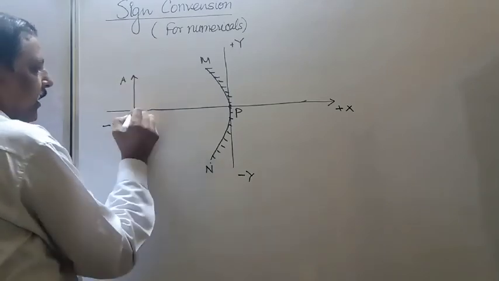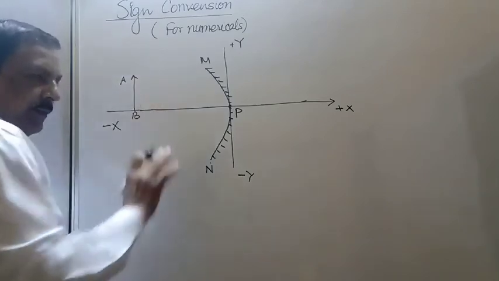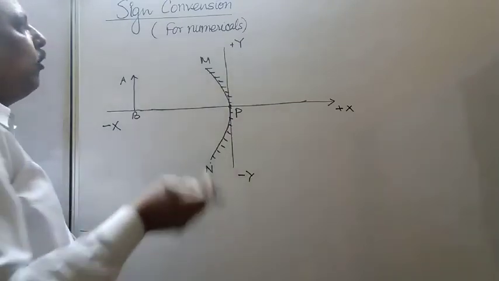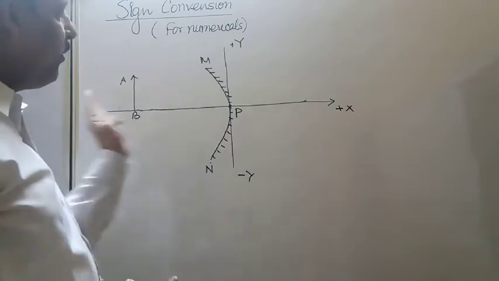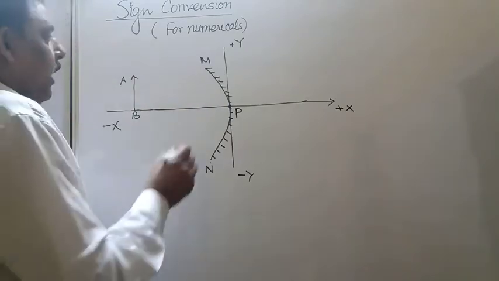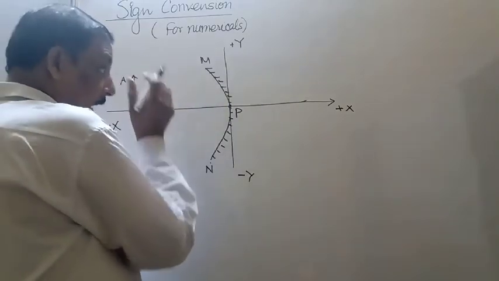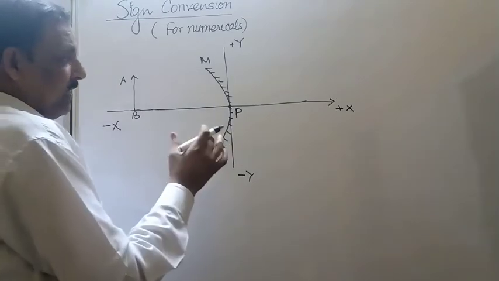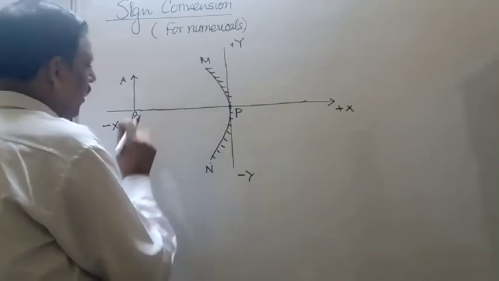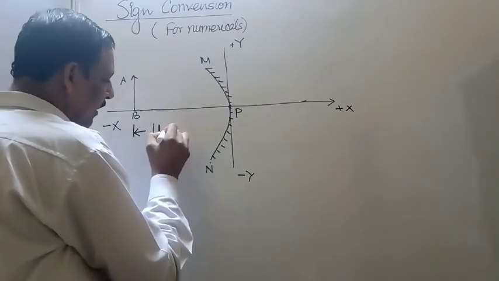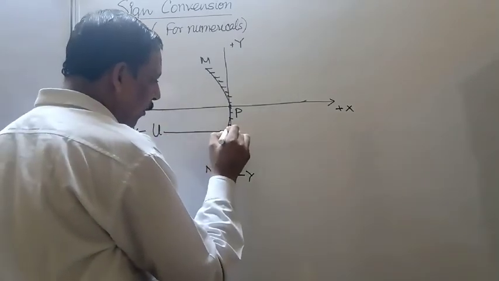This is our object AB. In both convex and concave mirrors, we will always consider that the object is placed on the left side of the mirror. Then we take the distances. This is our convention: the distance of the object is considered as u from the pole.